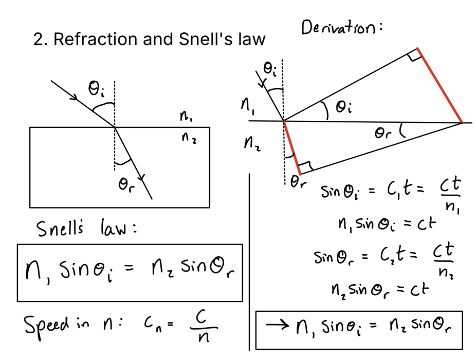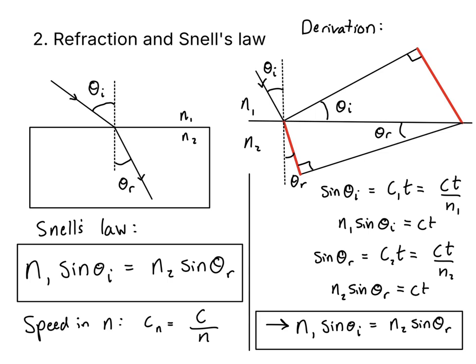This is how we can think of the light turning towards the normal as it changes mediums. Now let's consider the angles involved. From symmetry, theta I can be re-expressed in relation to the red line, so can theta R. The relationship that we get is that sine of the incident angle equals c1t, which is the speed of light in the first medium. This also equals ct over n1, which means that n1 sine of the incident angle equals ct.